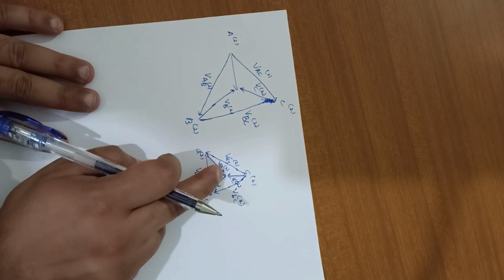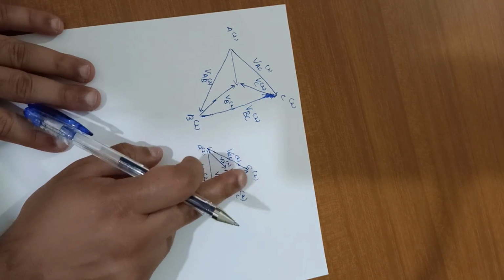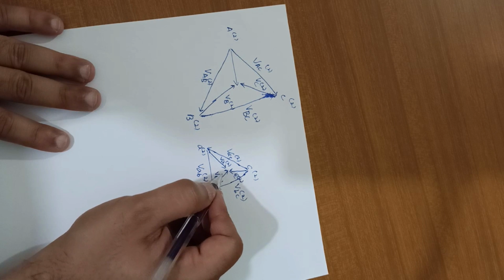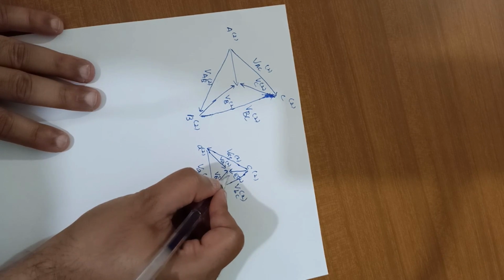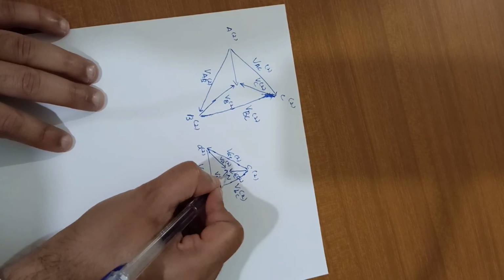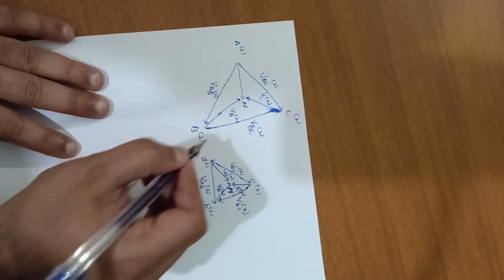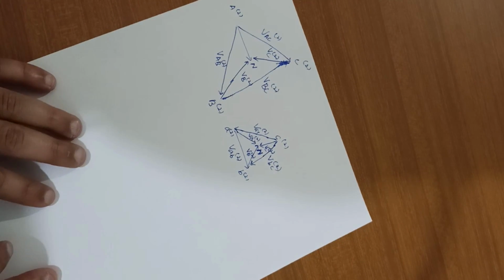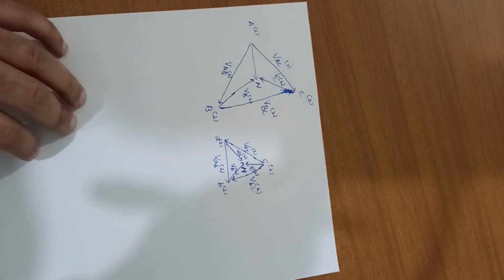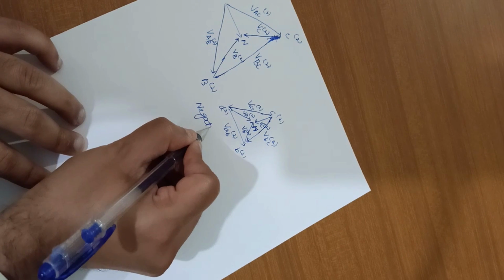This is VA2, here we have VB2, and here the upside down vector is known as VC2, and this is the neutral point n, and here we have the larger N, right? So in this way we will draw this figure of the negative sequence.